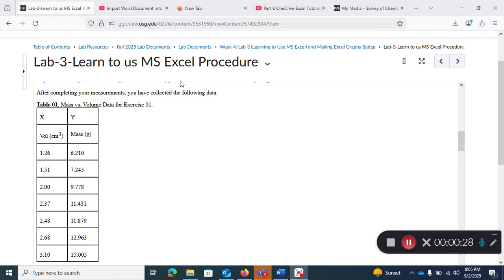The data set associated with this section of our lab can be located under section 1 or section A of the Word document of our lab procedure.